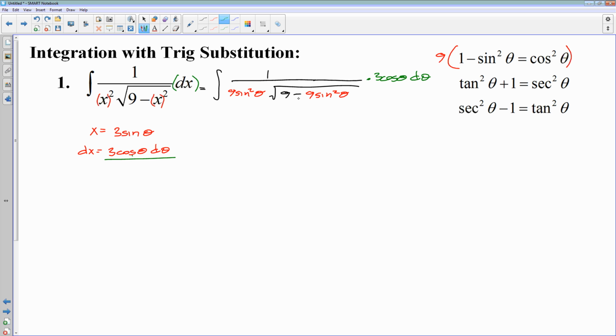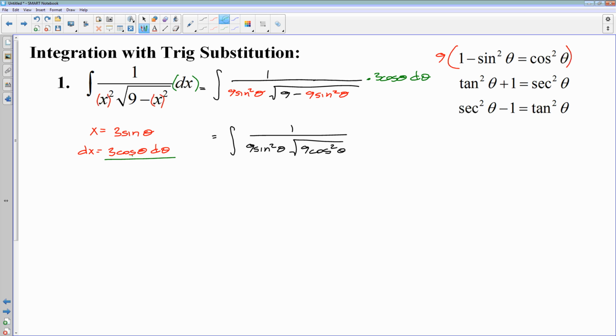And now my substitution is complete, and this looks absolutely brutal. This definitely looks worse than what I started with, but it should clean up quite a bit. So let me see if I can clean that up. This is the antiderivative of 1 over 9 sine squared theta, which won't clean up, times the square root of 9 minus 9 sine squared, which is 9 times this equation, cleaning up to simply 9 cosine squared theta.